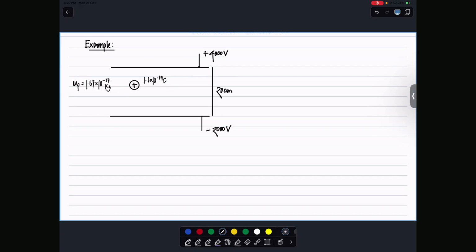And what do you need to find? The acceleration. Find the acceleration when the particle travels between the plates.